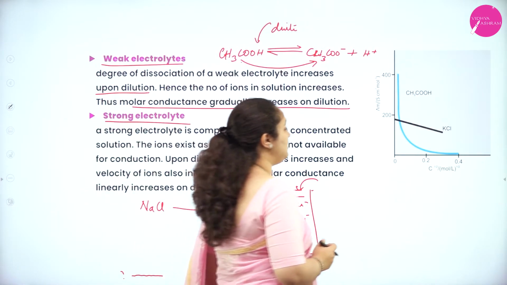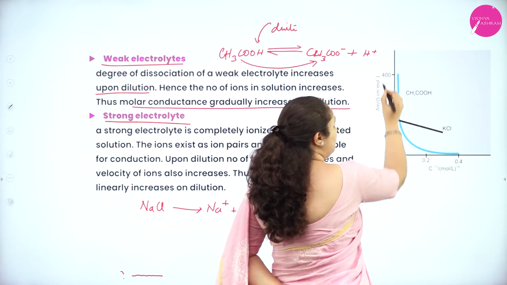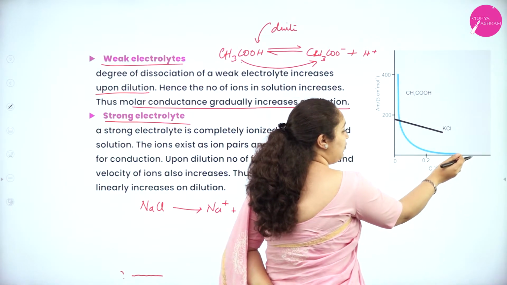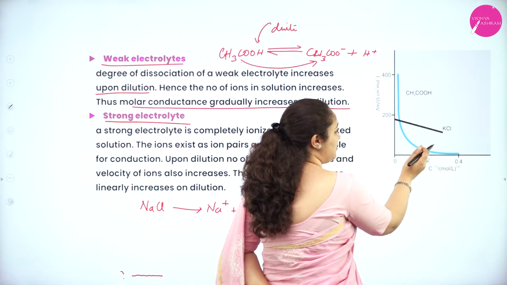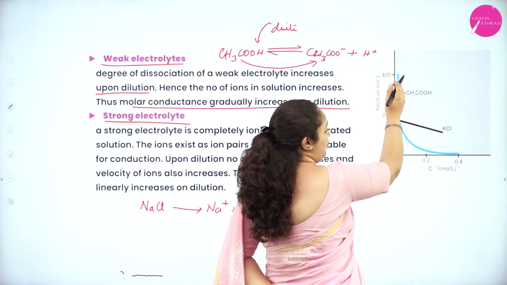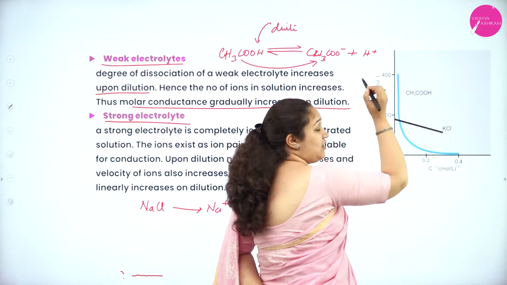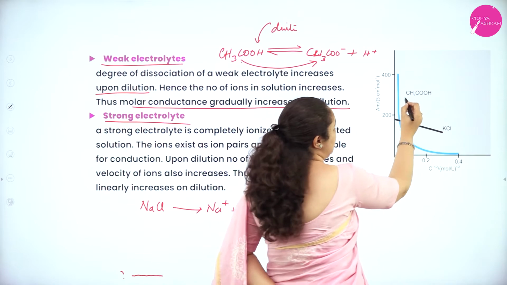Here you can also see the graph, as this is the concentration and this is the molar conductivity. If you are diluting, you can see the molar conductivity is gradually going on increasing. You can see that this is continuously going on increasing for a weak electrolyte like acetic acid.